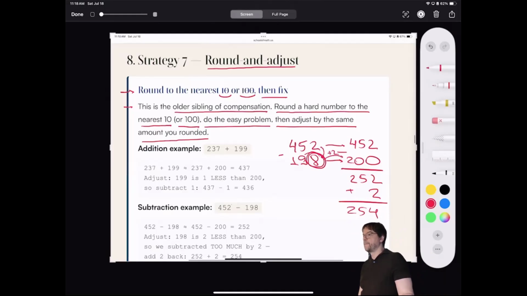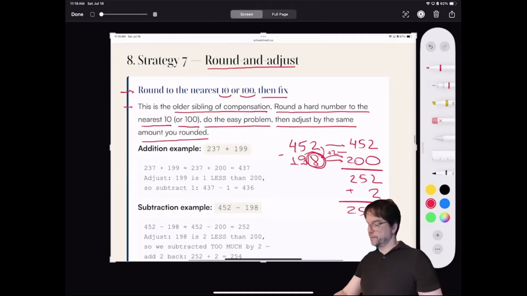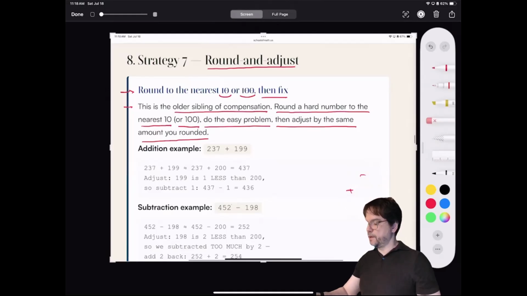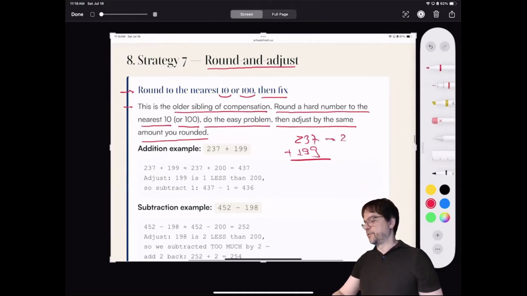Okay? It's hard, this one. I will do just one more time with both numbers. 237 plus 199, so 237 minus 200 is 137.